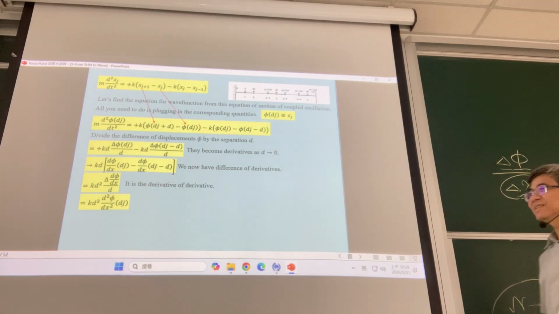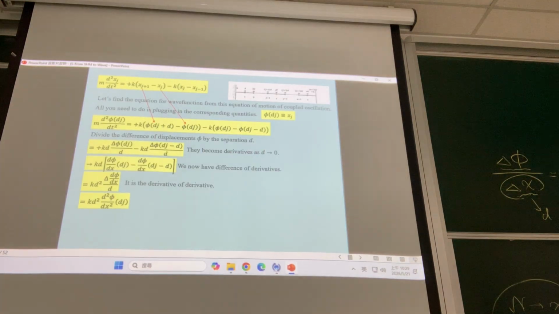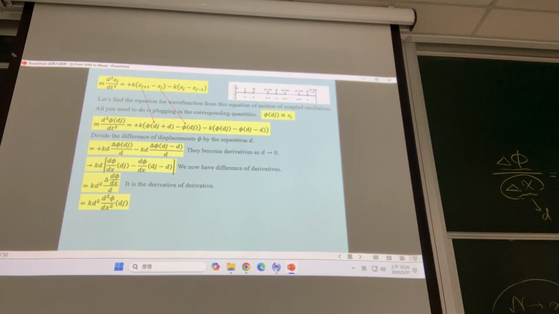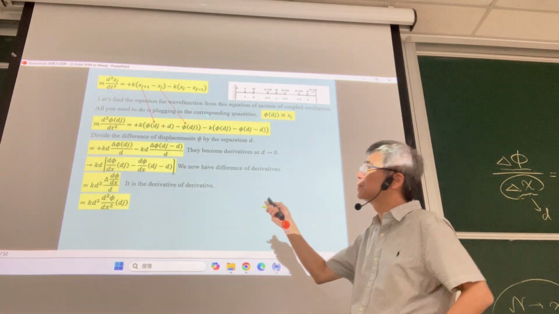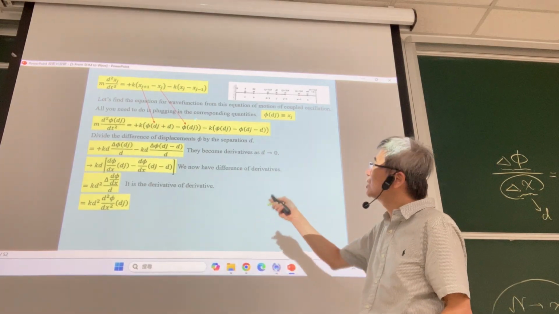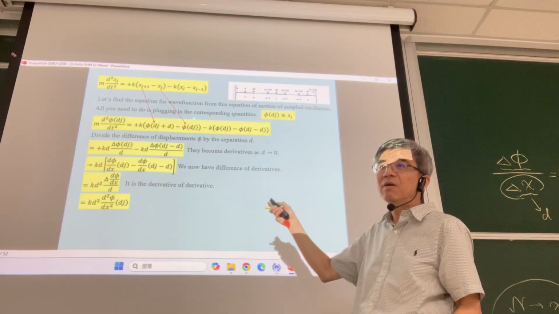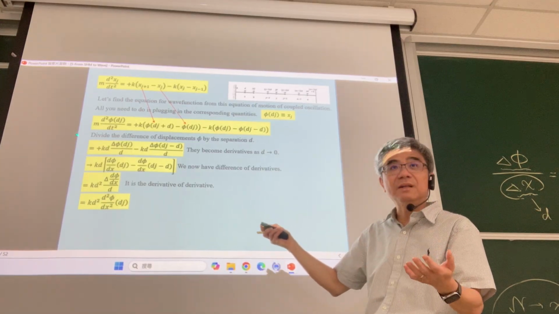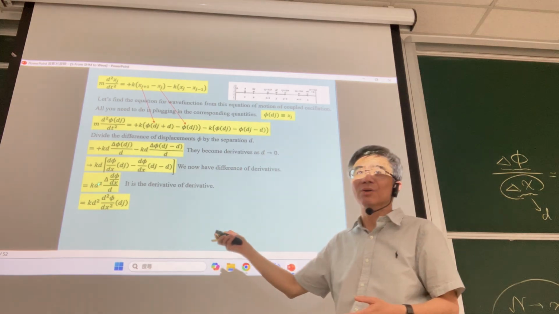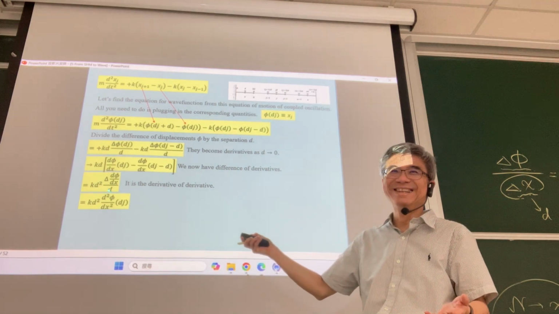Done. So it's a second derivative of phi. I'm done with the derivation actually, because the right hand side has been simplified, even though it's complicated in the beginning. However, after some consideration, unexpectedly, it is very, very simple in the continuum limit.